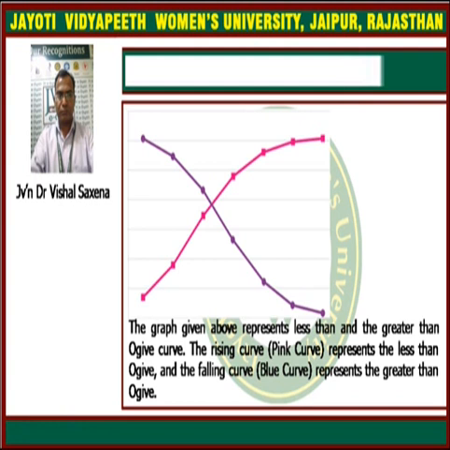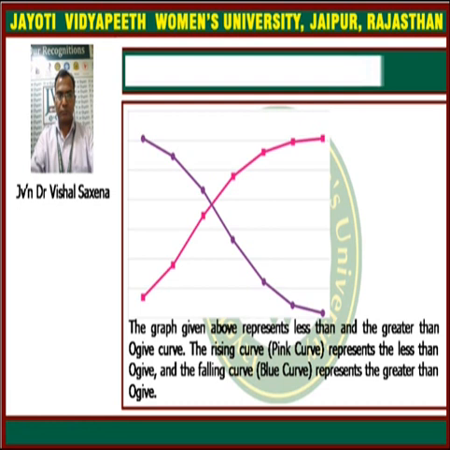Here the pink line shows the ogive curve, that means the cumulative frequency curve for the less than type, so it is called the less than ogive.